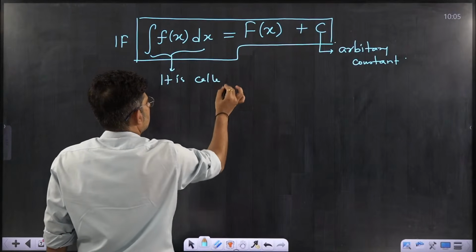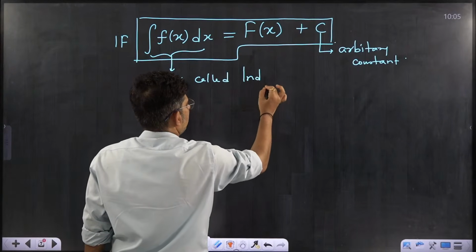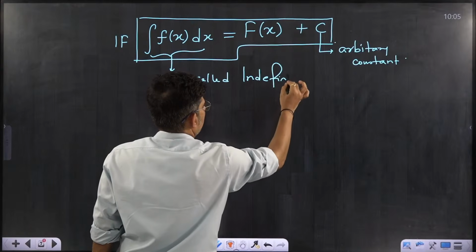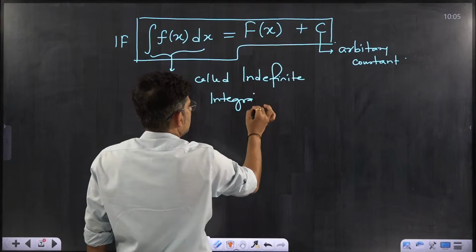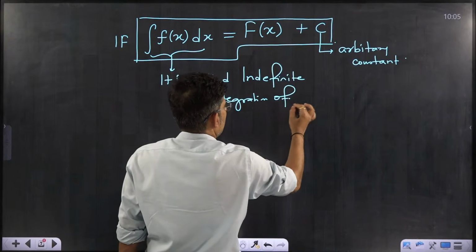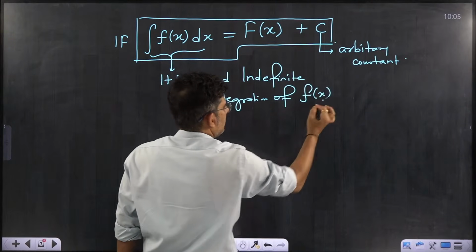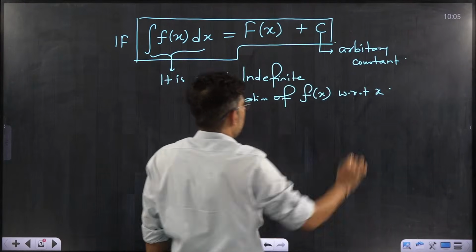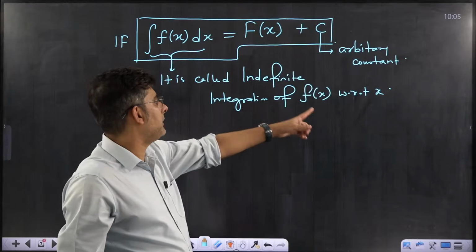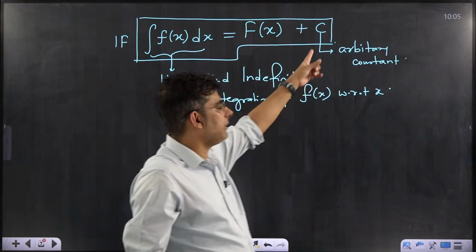It is called indefinite integration of the function f(x) with respect to x. And what is the reason? Who is the culprit who is not giving it the complete value? It is c.